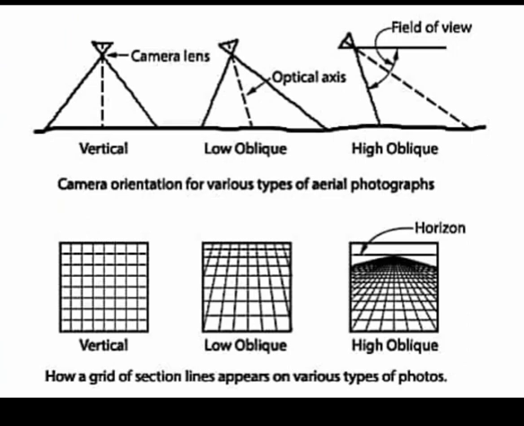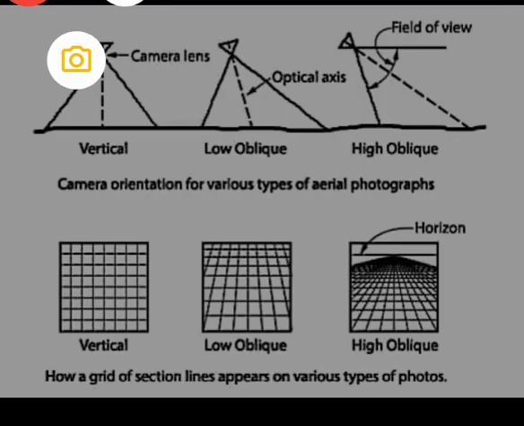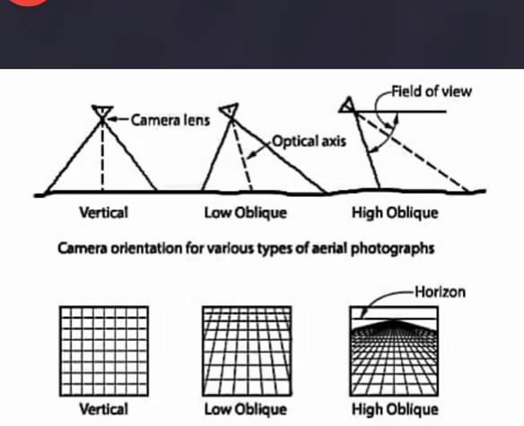Now, as I said, the vertical photograph, you can see here, is an aerial photograph taken with the camera axis or optical axis coinciding with the ground verticality. This is exactly perpendicular to the ground, that we call as a vertical photograph. And if it gets tilted unintentionally for less than 3 degree, then we call it a tilted photograph.